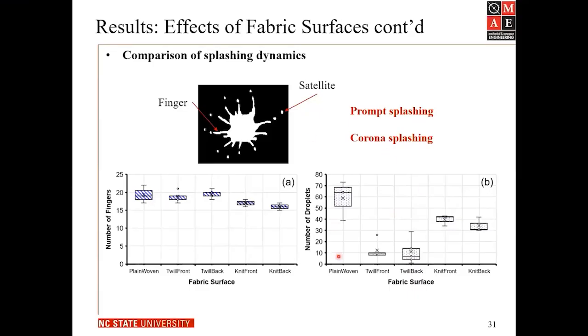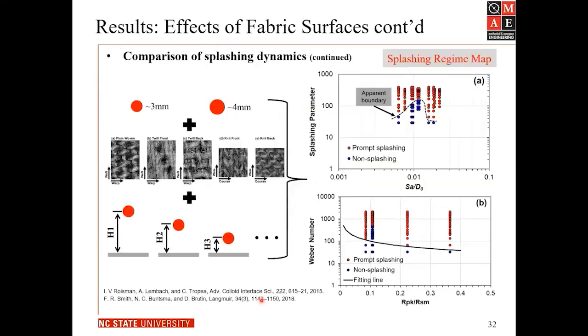And so this may give us an opportunity to better understand the bloodletting event. And so when we take different size drops, different fabrics, and different drop heights, we can get our splashing parameter, which tells us how much is splashing based on our experimental conditions.